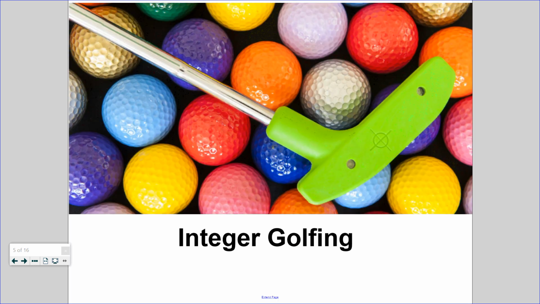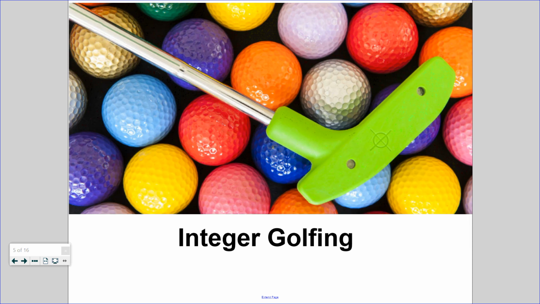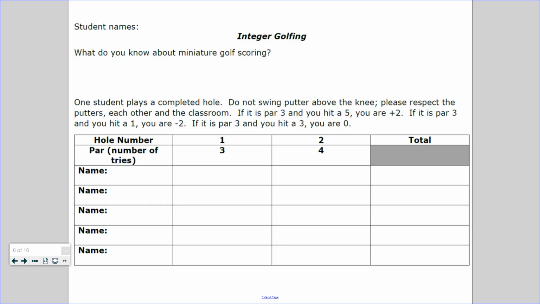So what you're going to be doing in today's lesson, if you're absent, sorry that you're going to miss this, we're going to be doing miniature integer golfing. You're going to have a golf club, and you're going to play 2 rounds, and you are going to keep your score. There is a par. For example, if it is par 3 and you hit a 5, you are positive 2.